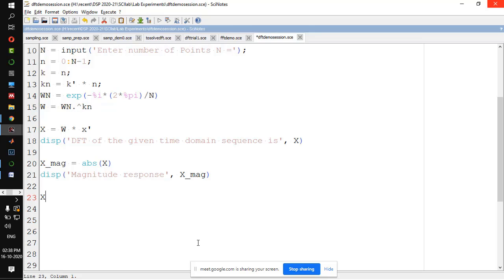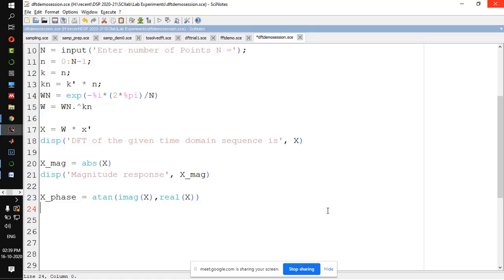I'll take it as x underscore VTU phase angle is equal to atan, which stands for tan inverse of the imaginary part of X of k, which is x in our case, comma, the real part of X of k, but in our case it is x.